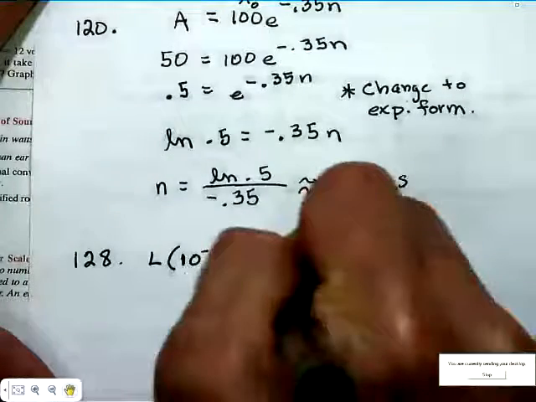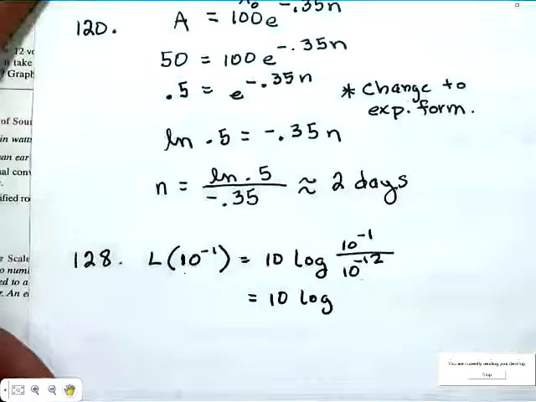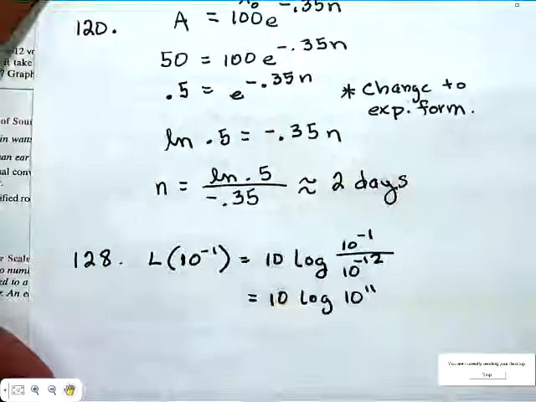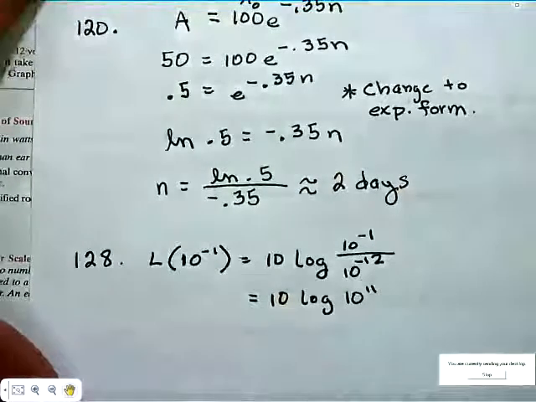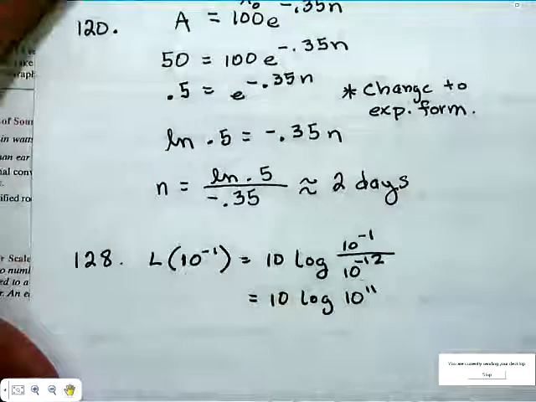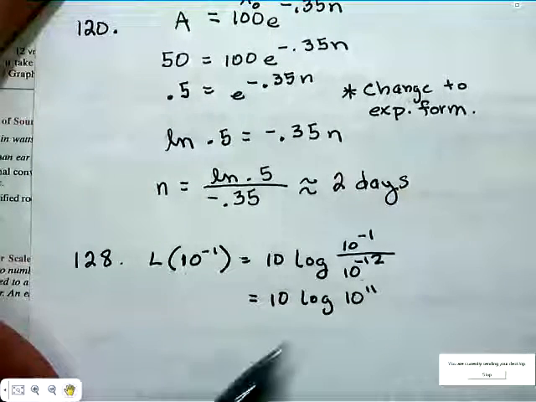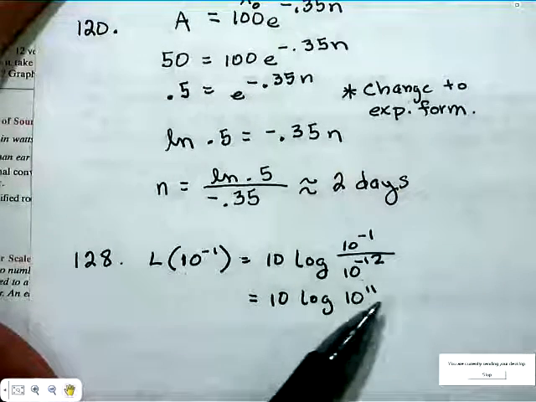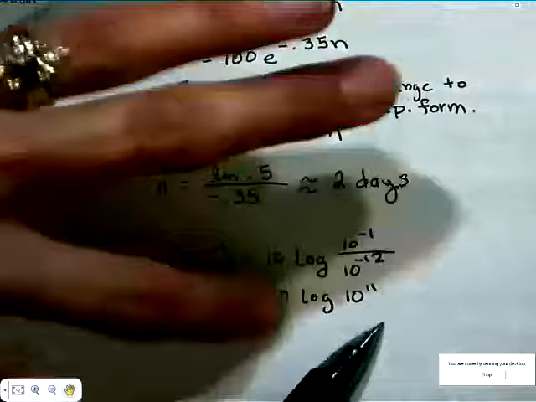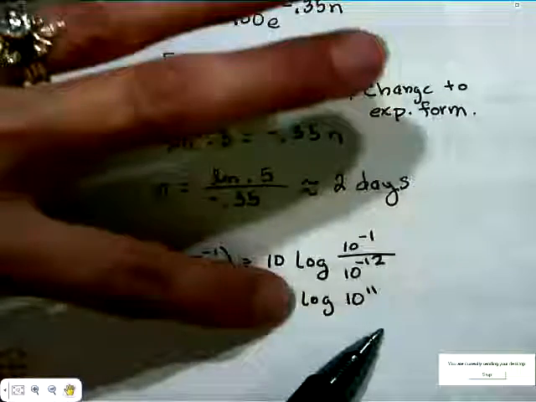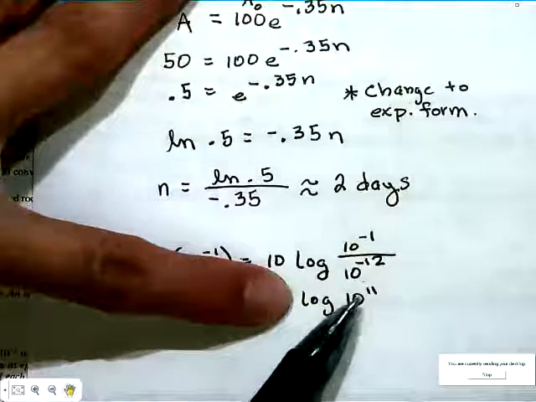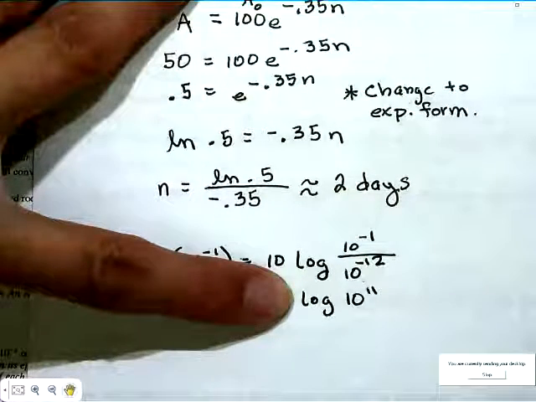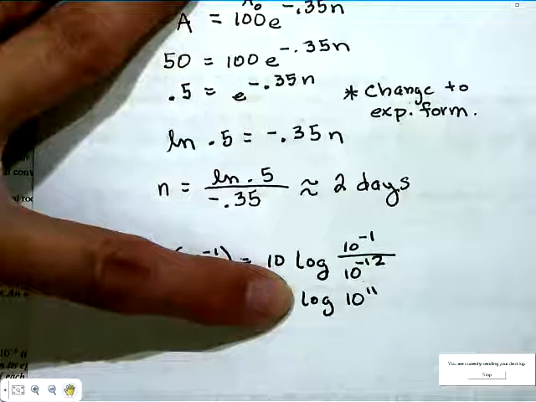Yeah, so that's 10 times the log of 10 to the 11th. And I could pick up the calculator now, but let's don't. What is log of 10 to the 11th? I'm not worried about that 10 for a second. I'm just figuring out the exponent of 10 that would give me 10 to the 11th.